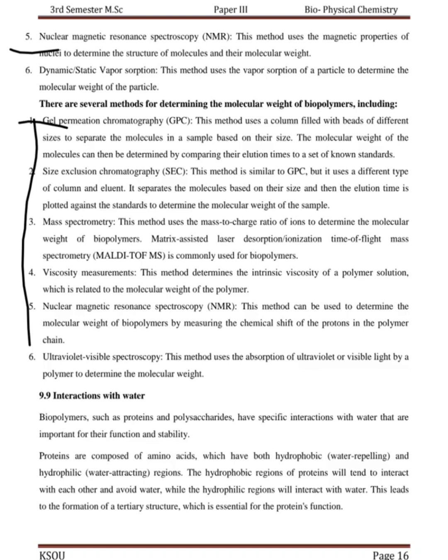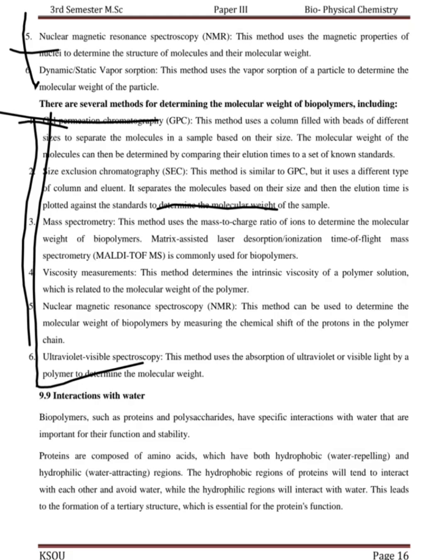Size exclusion chromatography is similar to GPC but uses different types of column. It separates the molecules based on their size. So mainly these chromatography techniques are used to separate the molecules, and the NMR technique is used to find the structure of the molecule and their molecular weight.